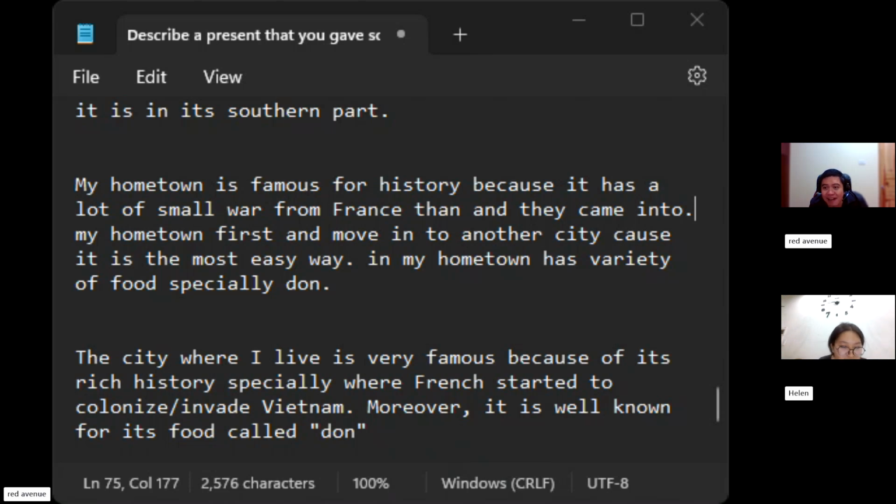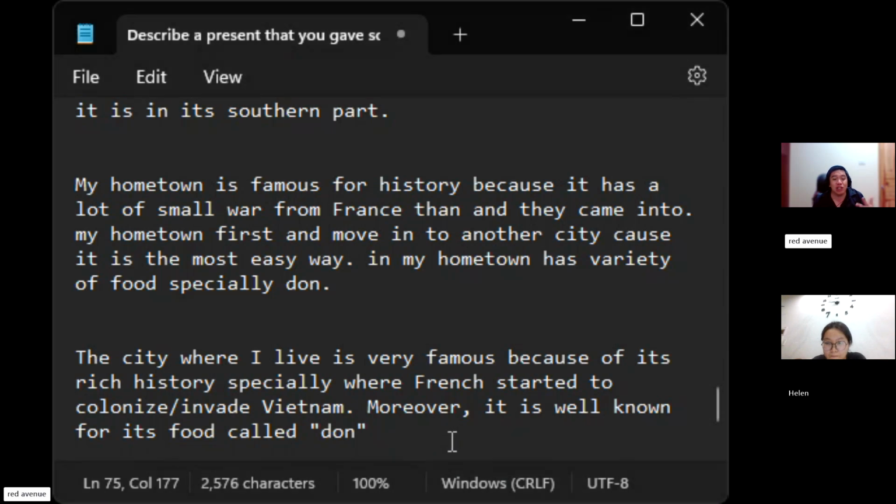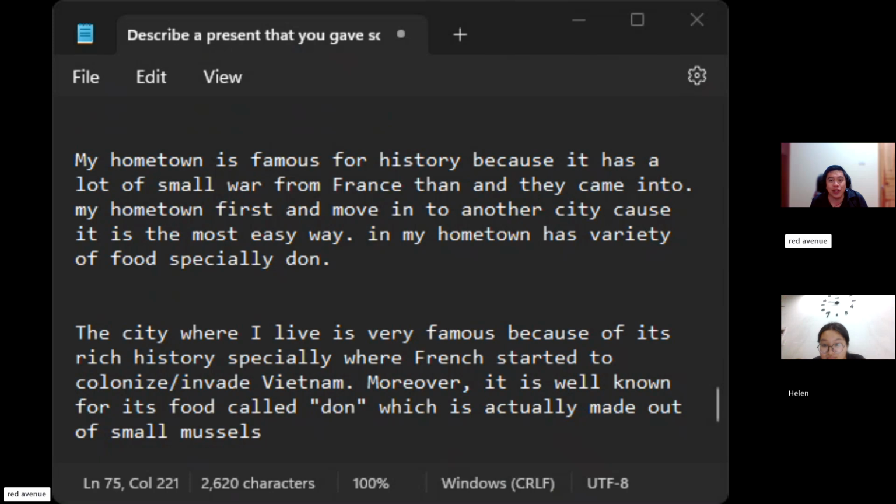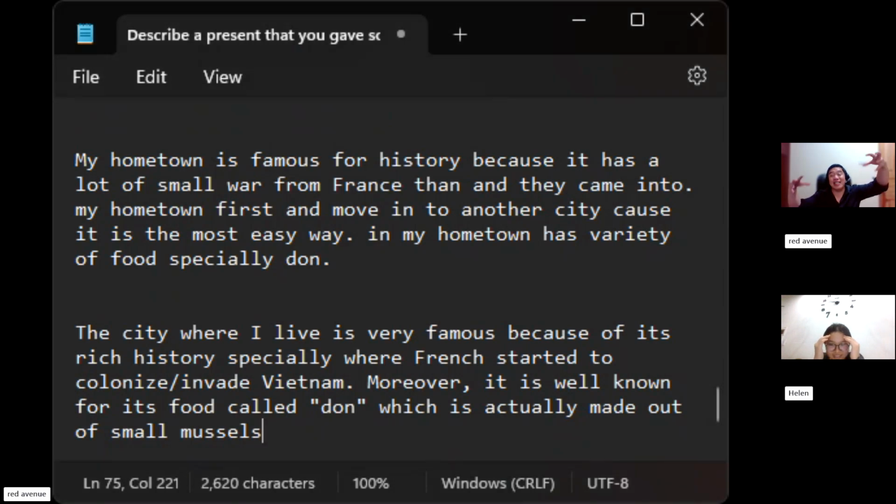Okay, I can see it. What do you eat from this? Small mussels? No, the meat inside. Okay. So it is well known for its food called zon, which is actually a soup made out of small mussels. The picture that I sent you is smaller. We have that here in the Philippines too. Actually, that's delicious. I can imagine it already.